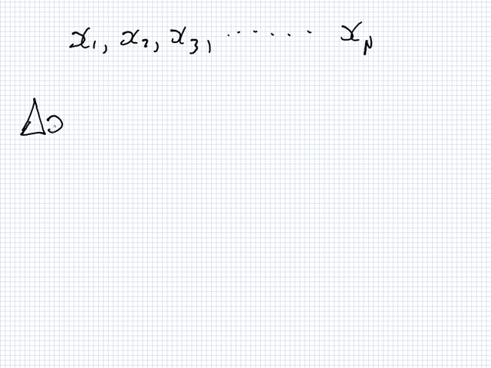So if you have a list of data, I'll just call it x1, x2, x3, xn, and we want to calculate the uncertainty, and the symbol I use is delta x, or sometimes people might use ux, depending on which book you're looking at. I think delta x is a little nicer. What you can do is you can take the maximum x minus the smallest x divided by 2.